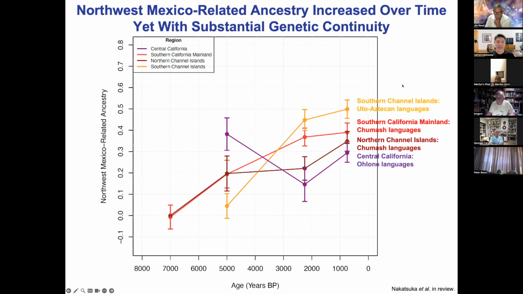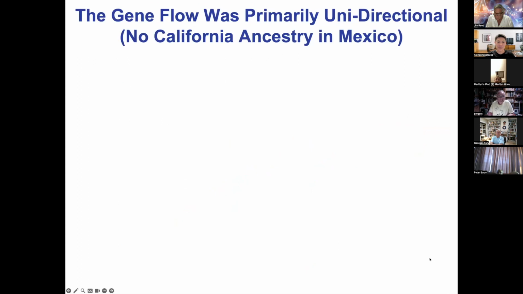It reaches the highest levels in the Southern Channel Islands, which, as I said before, were known to speak Uto-Aztecan languages when the first Europeans met them. And still in that area, they speak Uto-Aztecan languages like Tongva. In contrast, the places where Chumash languages are spoken still have this Northwest Mexico ancestry, but not as much as in the other areas. And in Central California, there's less of this ancestry, but I'll get into Central California later.